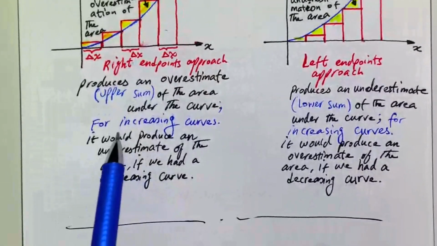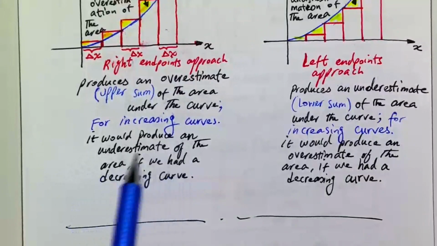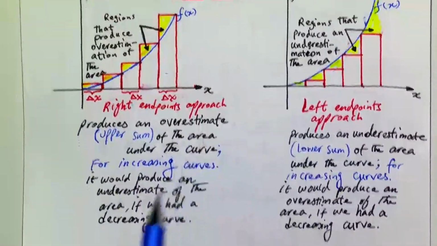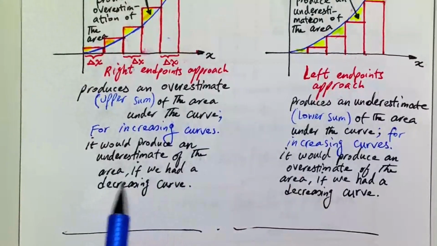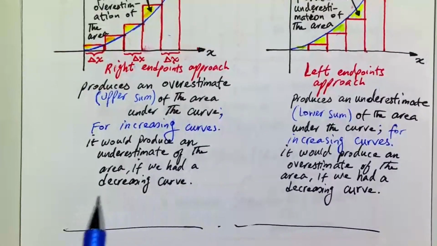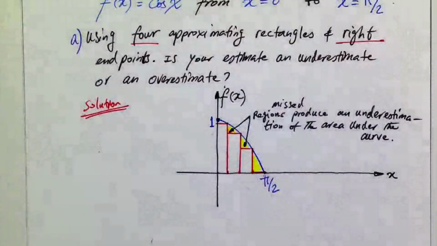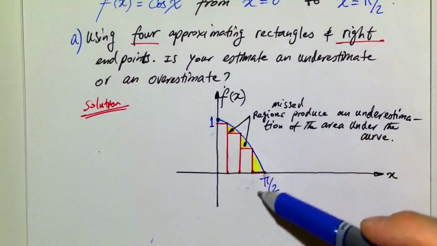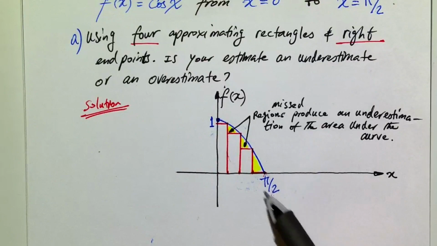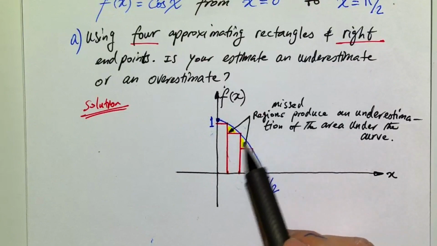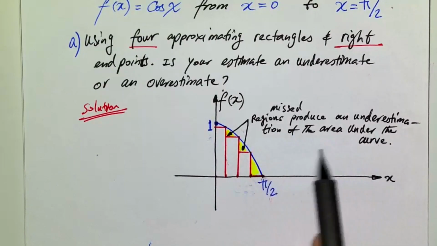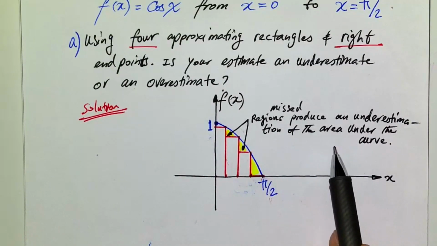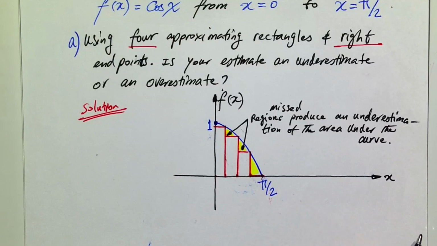We said it would produce the same method, the right endpoint approach would produce an underestimate of the area if we had a decreasing curve. What do we have in this case? Of course, we have a decreasing curve. And as you can see, this method, the right endpoint approach, is producing an underestimation of the area. Excuse me.